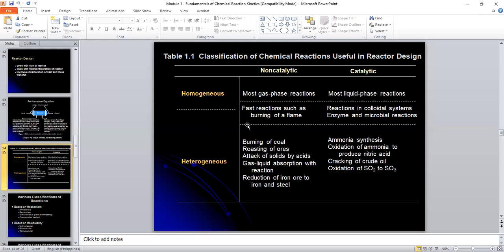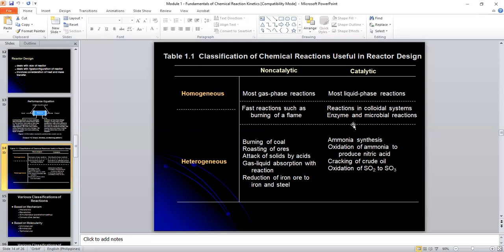We know that the burning of a flame is non-catalytic in nature. It's something homogeneous and heterogeneous because at some point we see two reacting species, but at the latter part we only see one. That is why it's intermediate between homogeneous and heterogeneous.